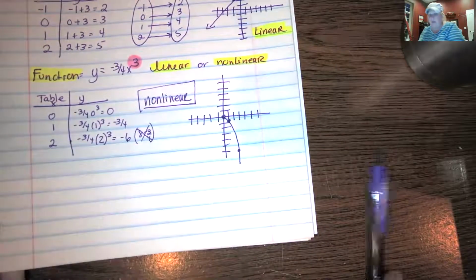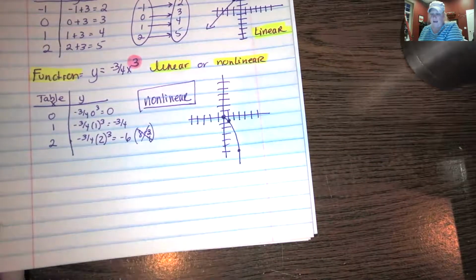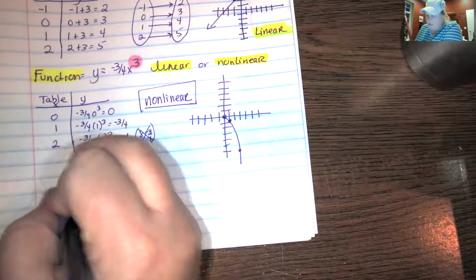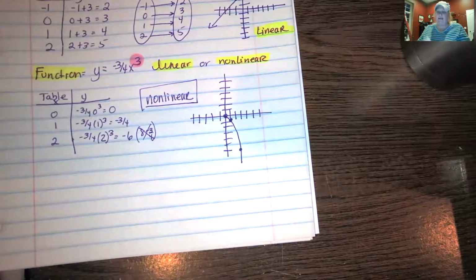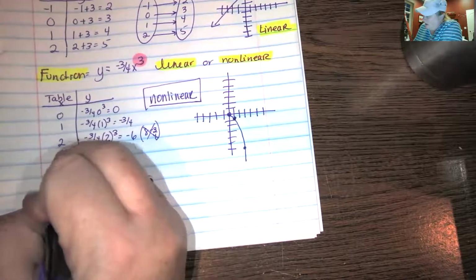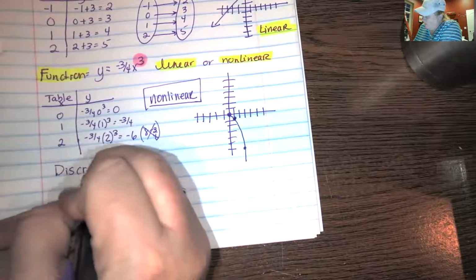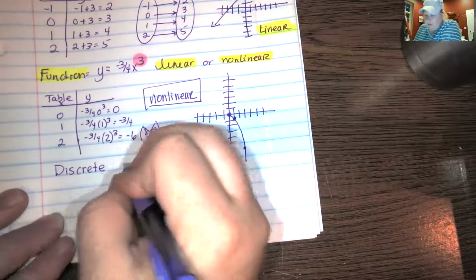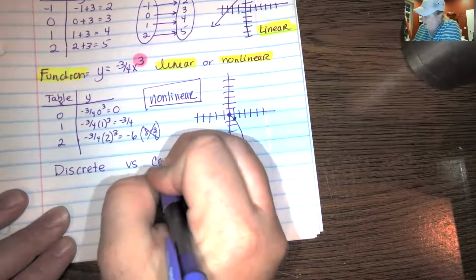Okay, once you have something that is linear, then we want to look at, find the domain and whether or not it is discrete or continuous. So discrete versus continuous.